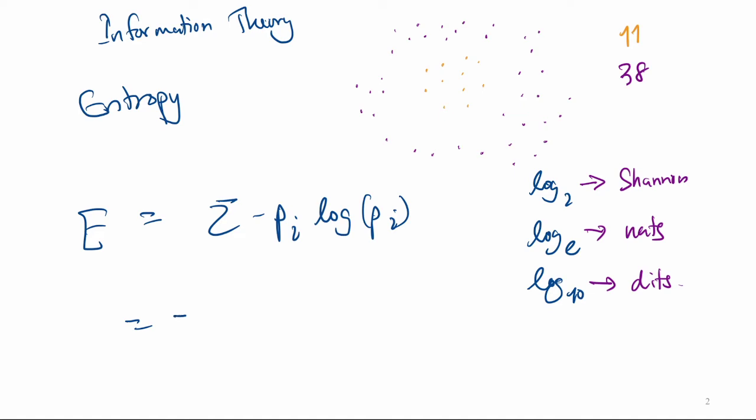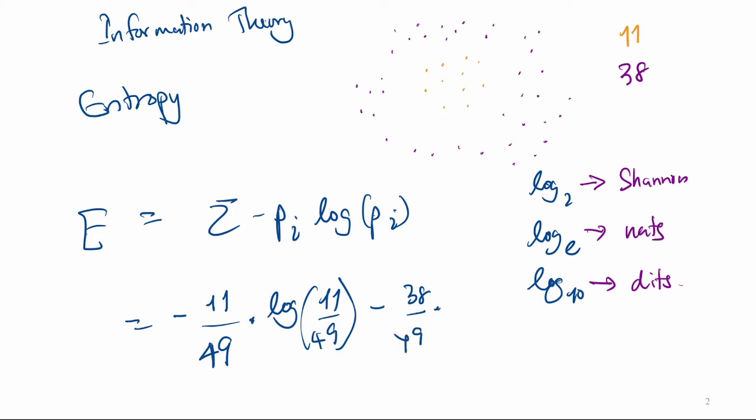Minus probability of orange is 11 out of 49 times log of 11 out of 49, minus 38 out of 49 times log of 38 out of 49.